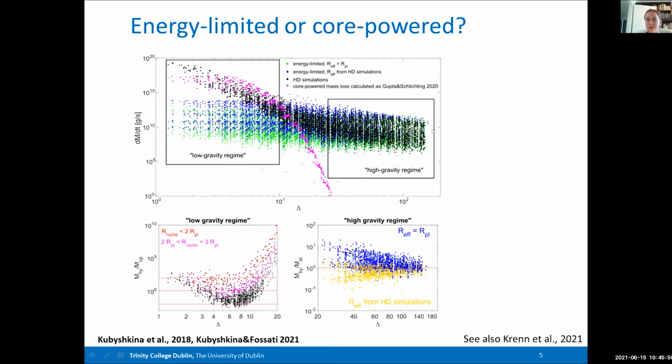To clarify, I compare here the results from the Hydra models, in black, to the most popular models: core-powered mass loss in magenta, calculated for exactly the same planets, and the energy-limited escape, assuming different effective radii of the XUV absorption, in green and blue.